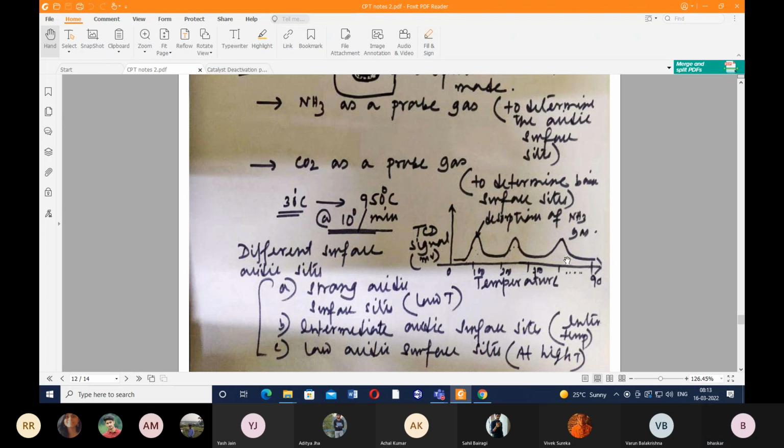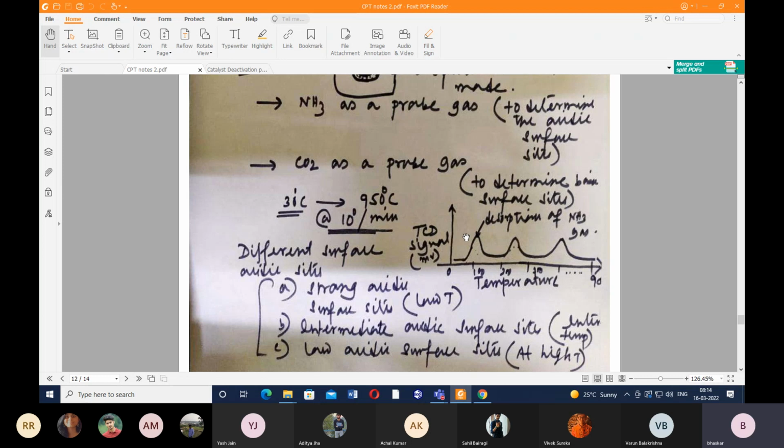That means you can see desorption of ammonia at a low temperature zone, similarly desorption of ammonia at an intermediate temperature zone, and finally desorption of ammonia at a high temperature zone. The ammonia desorption at low temperature can be attributed to the strong acidic surface sites, since strong acidic surface sites respond at a very low temperature.